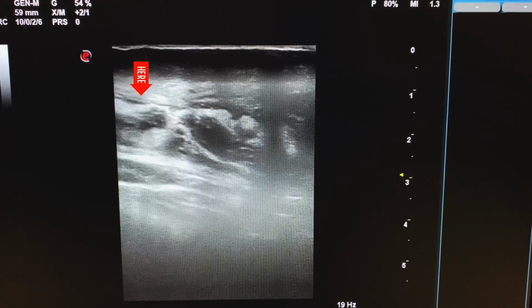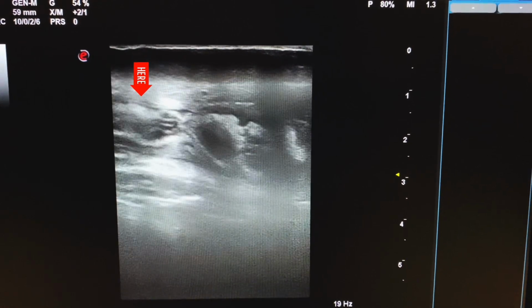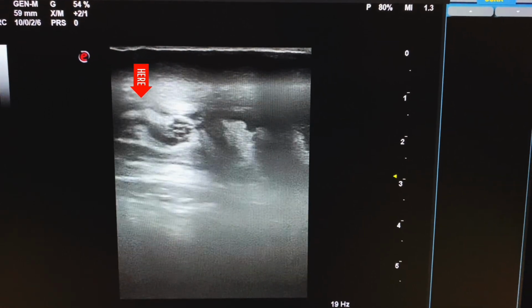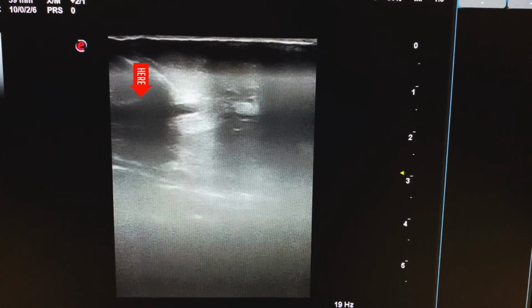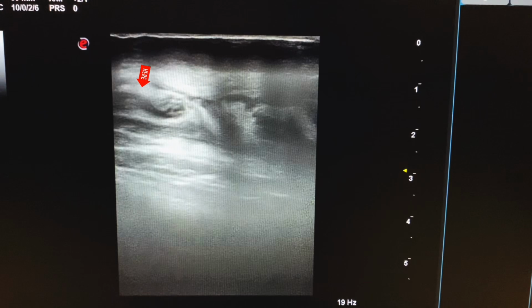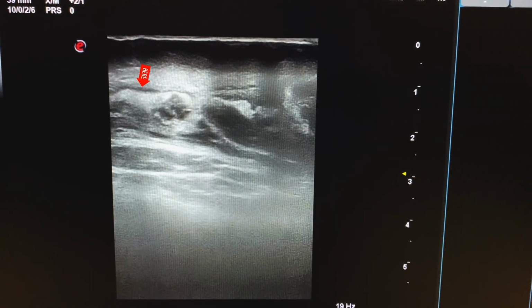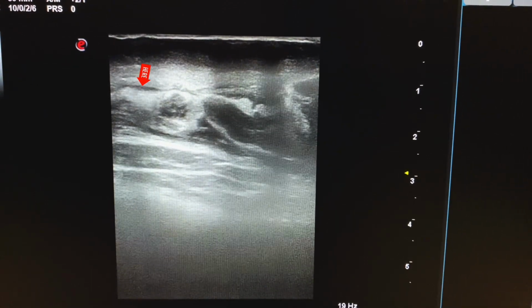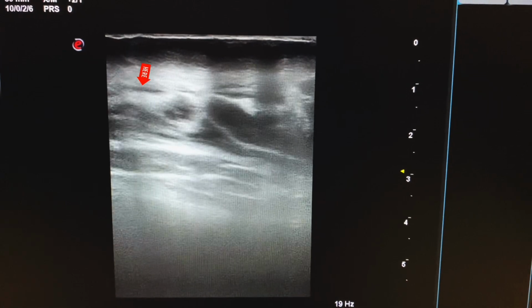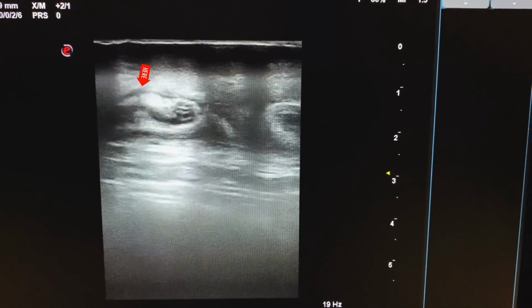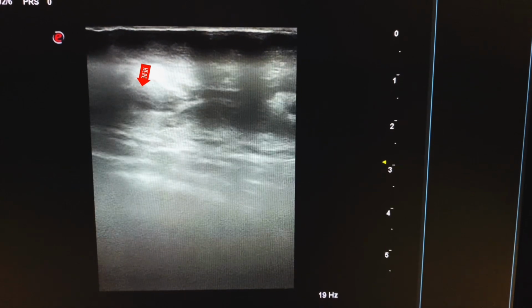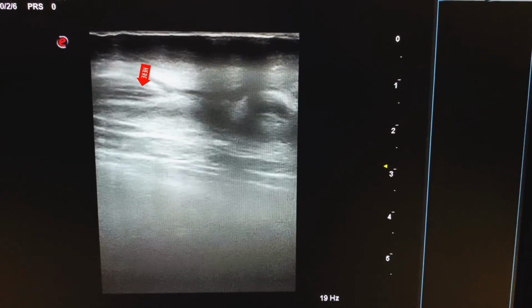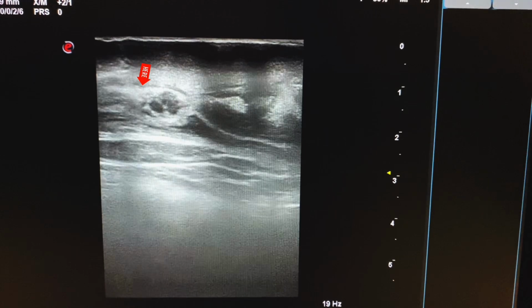Here we see the spermatic cord, which is also increased in echogenicity, and minimal collection is also seen. Normally the spermatic cord is less echogenic. The size of the spermatic cord is also mildly increased.